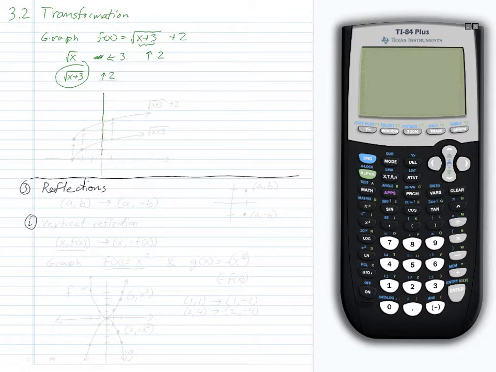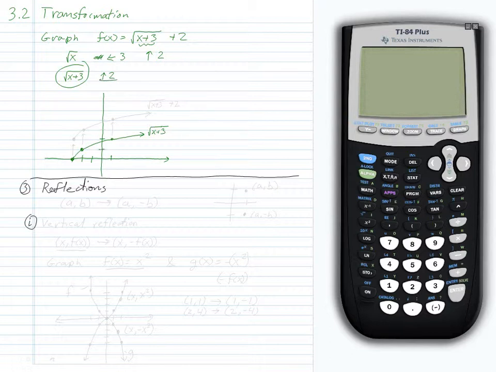So we already know what the square root of x plus 3 looks like. We just graphed it in the previous problem. 1, 2, 3, 0, negative 2, 1, 1, 2. And it has the shape of the square root graph, so that's the square root of x plus 3. Now all I need to do is shift up 2 units.